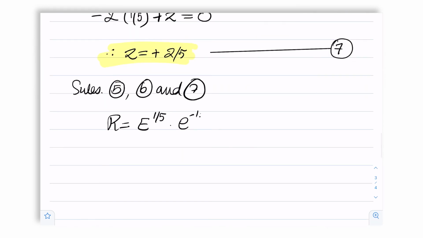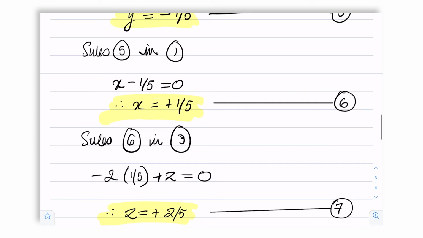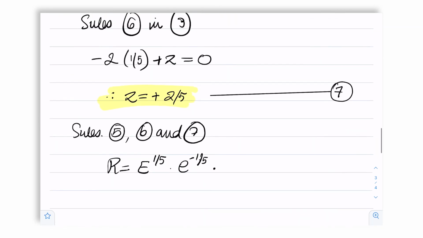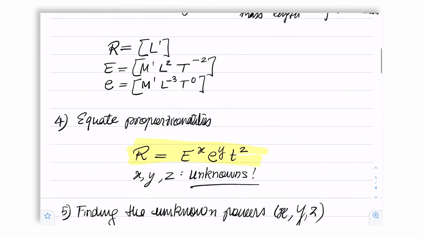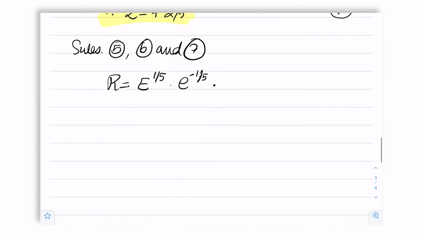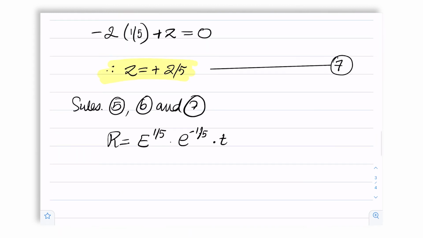You see a pattern here, into t to the power 2 by 5.